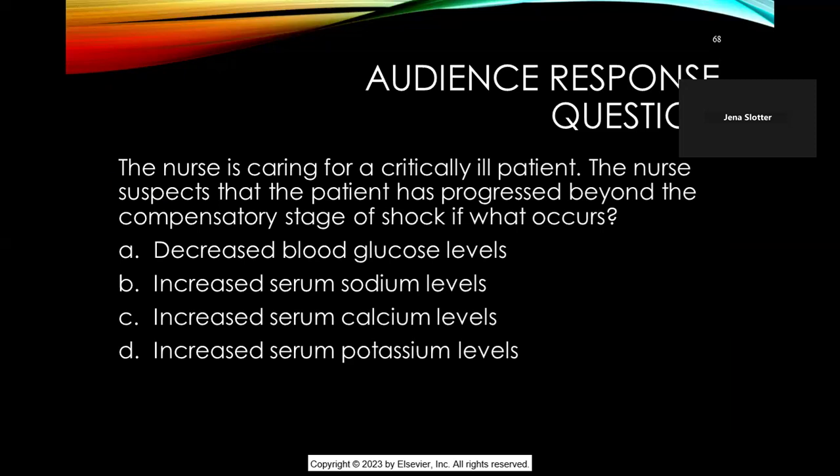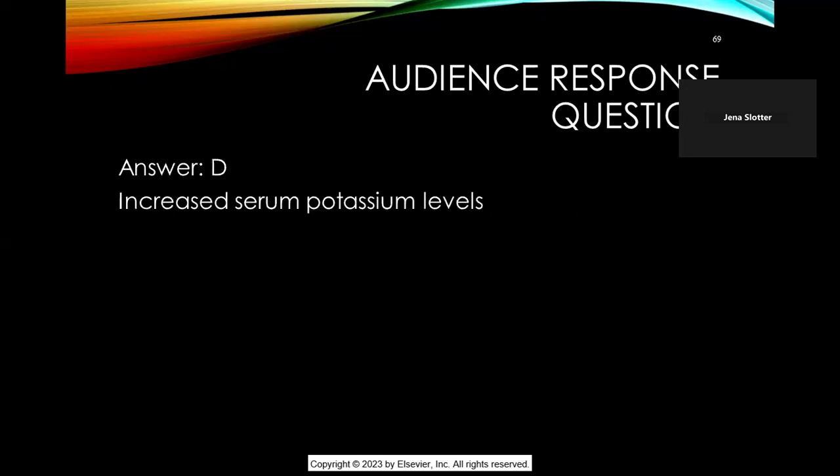So you could see potentially any of these, but the answer they're looking for here is the potassium level, because when we have acute kidney injury, when we have the acidosis, we're obviously going to see the increased potassium.